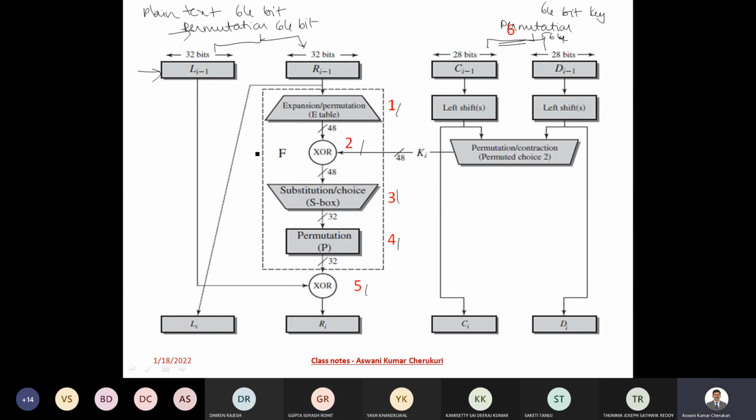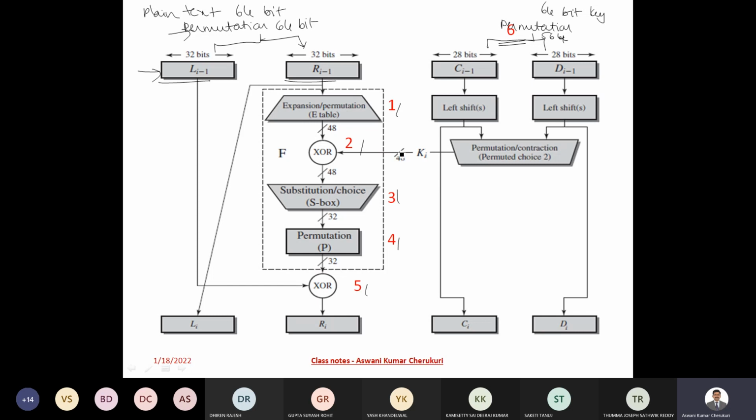Yes, sir. Now we are going to process the divided text. We keep the left half as it is and take the 32-bit right half. This right half has to be combined with the key.